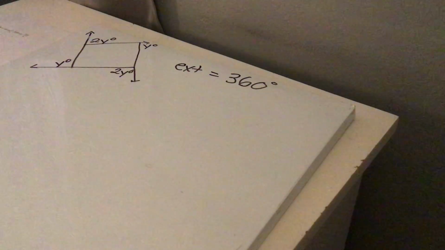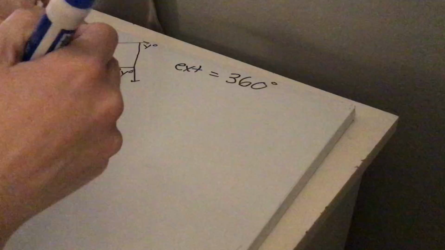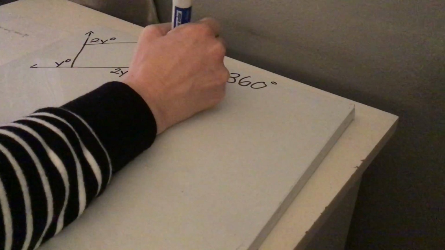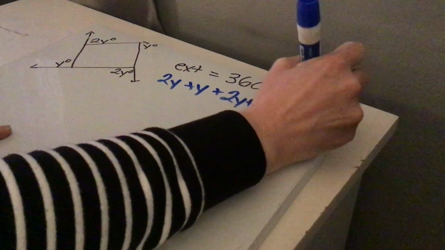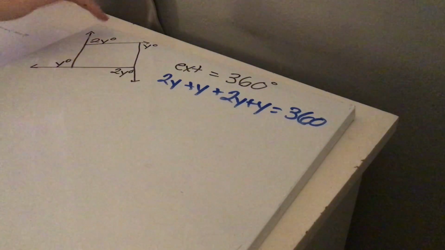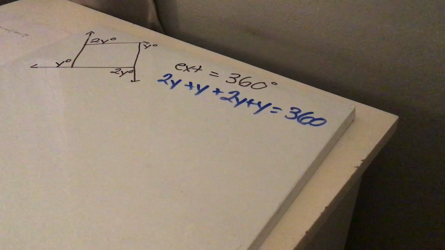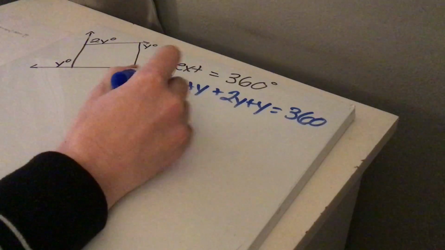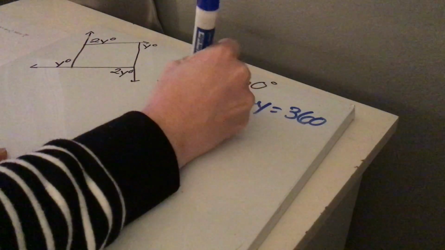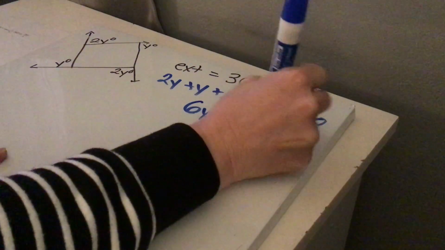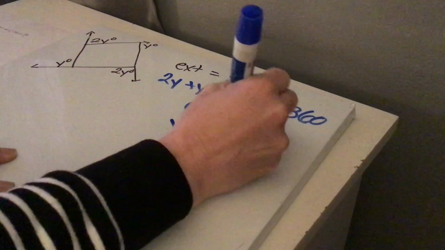Doesn't matter how many sides there are. Okay, so one angle at each vertex tells us that 2y plus y plus 2y plus y has to equal 360 degrees. I just took each exterior angle and added them up. Okay, then I'm going to simplify and find y. So 2y, 3y, 5y, 6y. Okay, I'm just adding it up. So 6y equals 360. Then if you divide by 6, you get y equals 60.